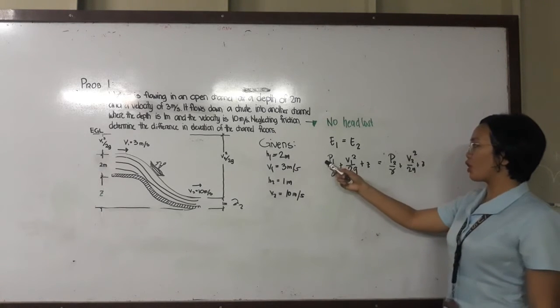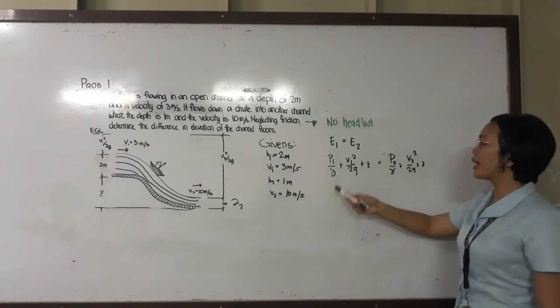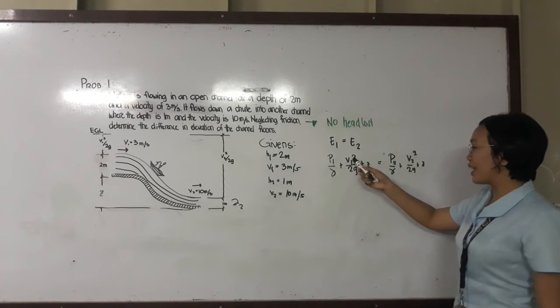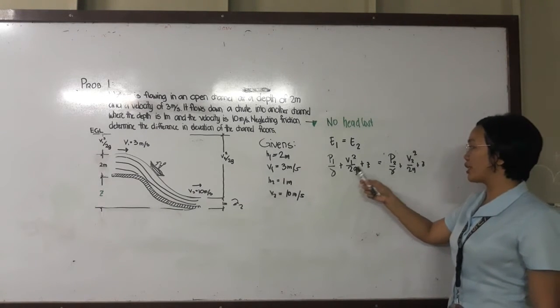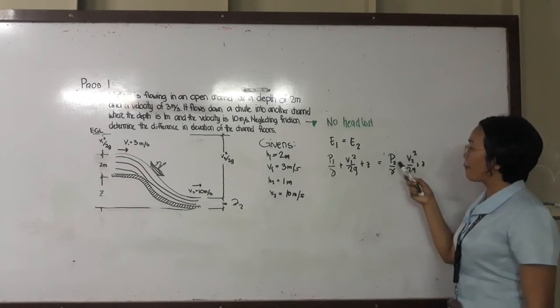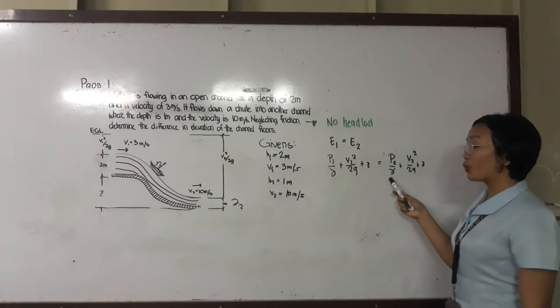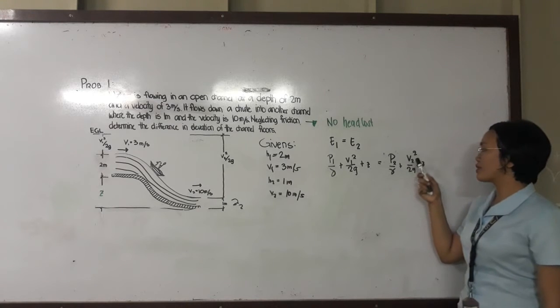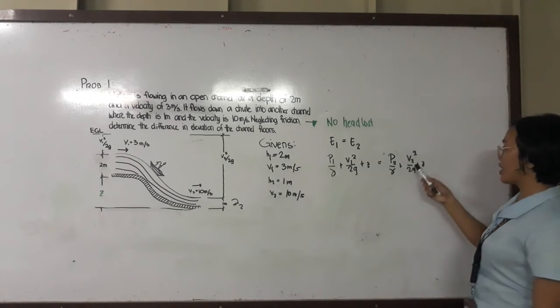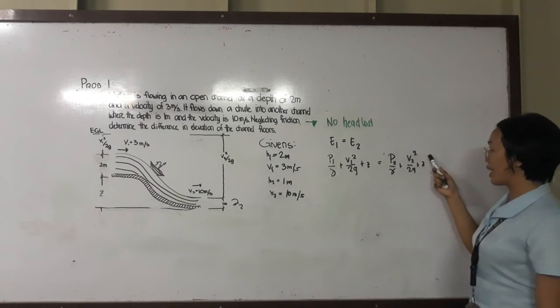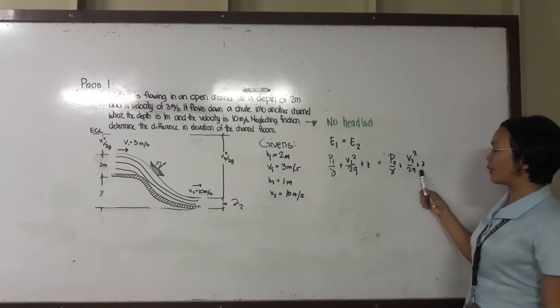Pressure 1 over the unit weight of fluid plus velocity to the second power over 2g plus z equals pressure 2 over the unit weight of the fluid plus velocity of the second section to the second power over 2g plus z.